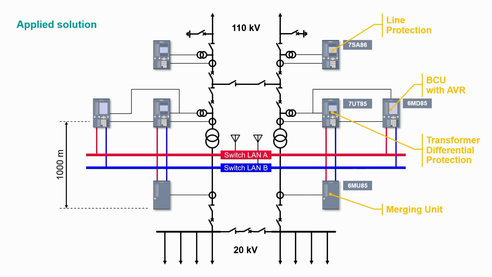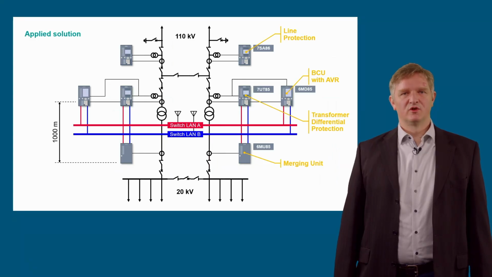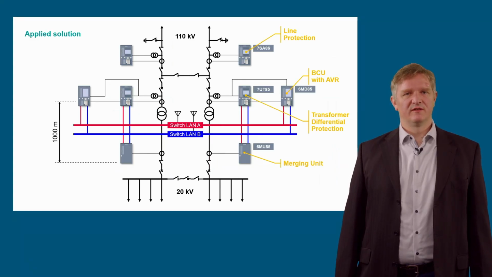On one hand, the 110 kV overhead lines are protected by a conventionally connected line protection device. On the other hand, the 110 kV to 20 kV transformers are protected by a transformer differential protection device, with the primary CTs connected directly to the protection device and the secondary CTs located in the 20 kV substation about 1000 meters away, connected through a merging unit that digitizes the current signals as IEC 61850-9-2 measured values.